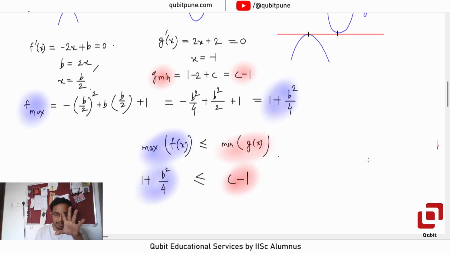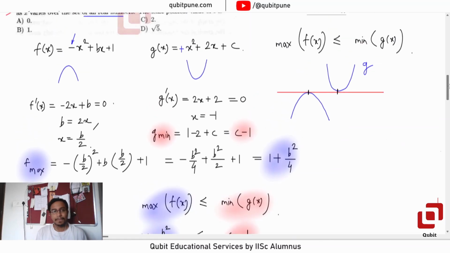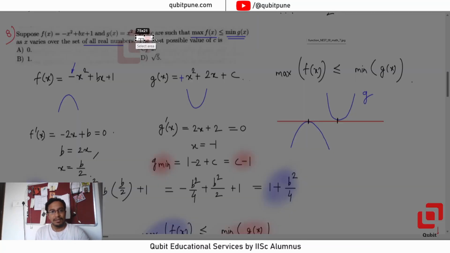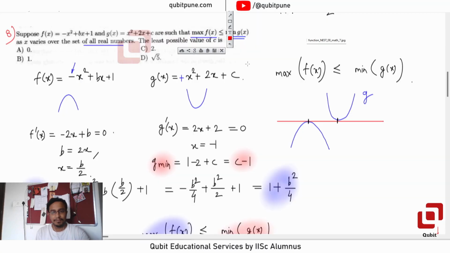Okay, now please pay attention. They want us to find the least possible value of c.